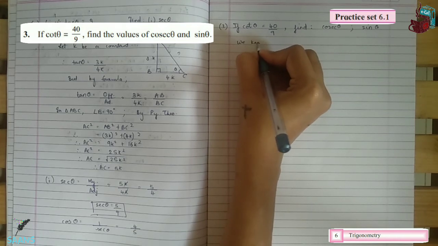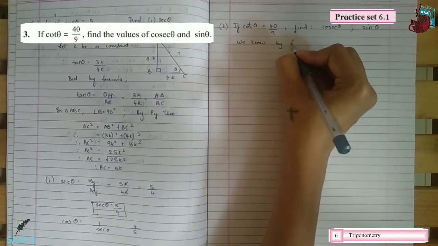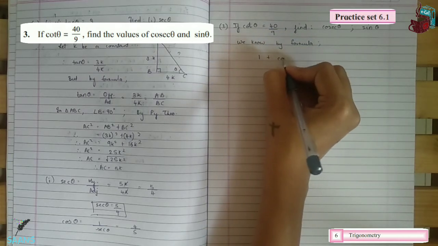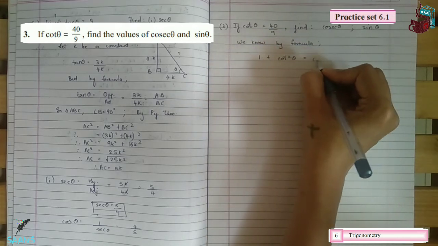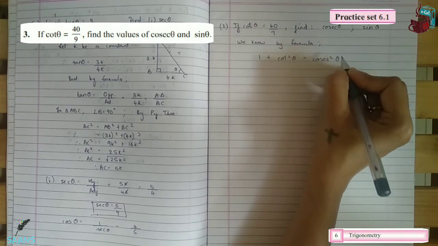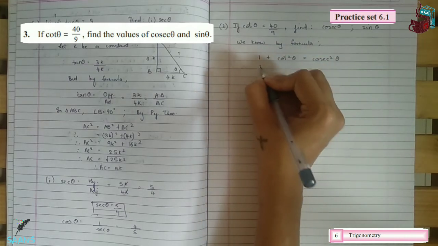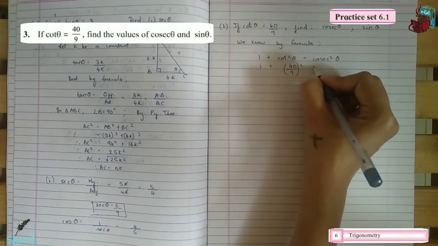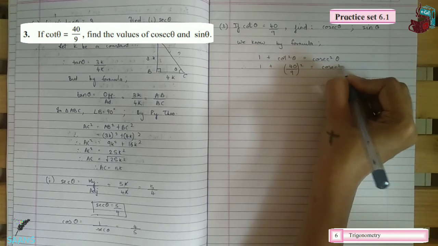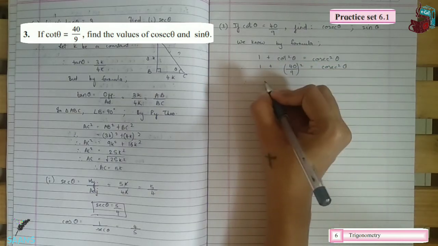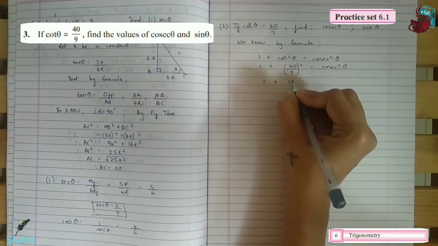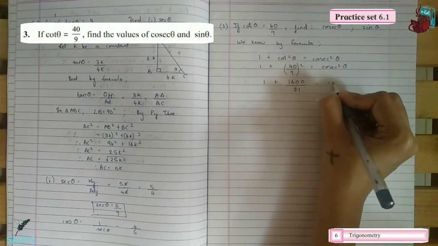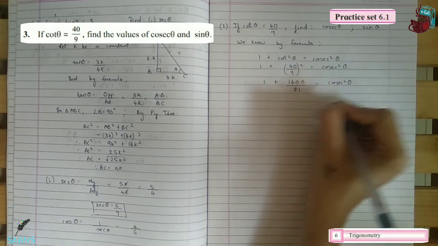Therefore, 1 plus 40 upon 9 the whole square is equal to cosec square theta. Therefore, 1 plus 1600 upon 81 is equal to cosec square theta.